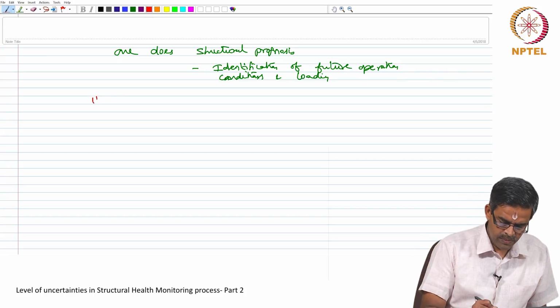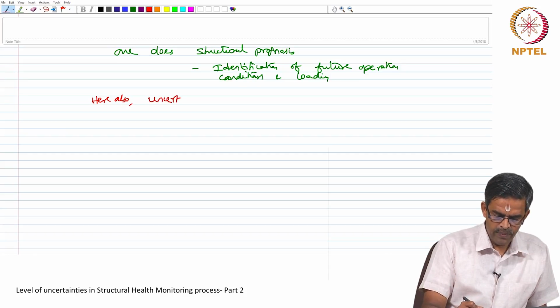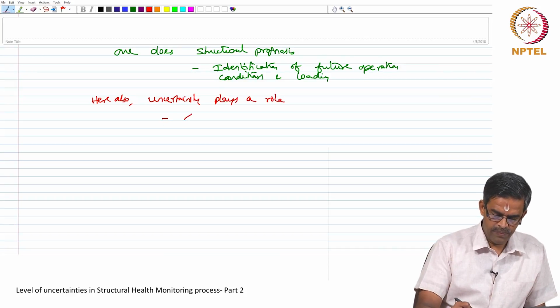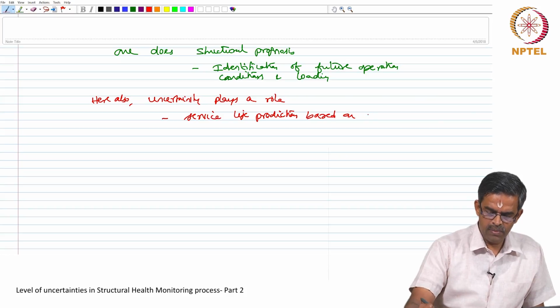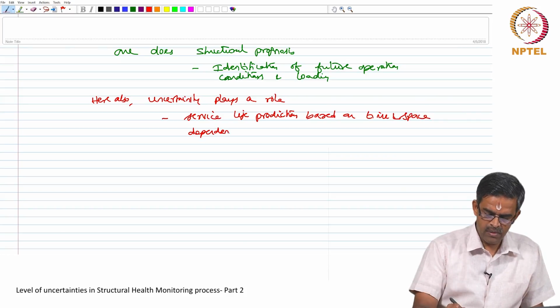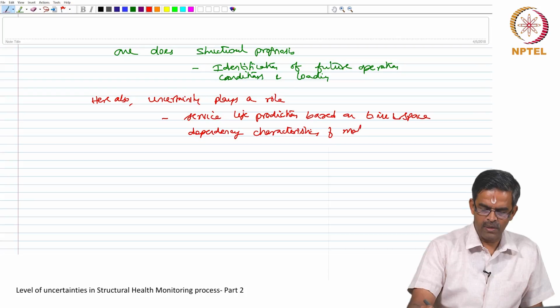Here also uncertainty plays a role, because the service life prediction based on the behavior of material is very complex.